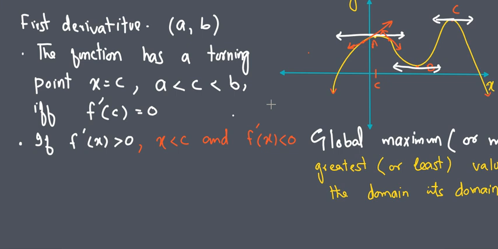And what is our choice for x now? If x is on the right side of C, then we will say f has a local maximum at the point x equals C. Is it clear?